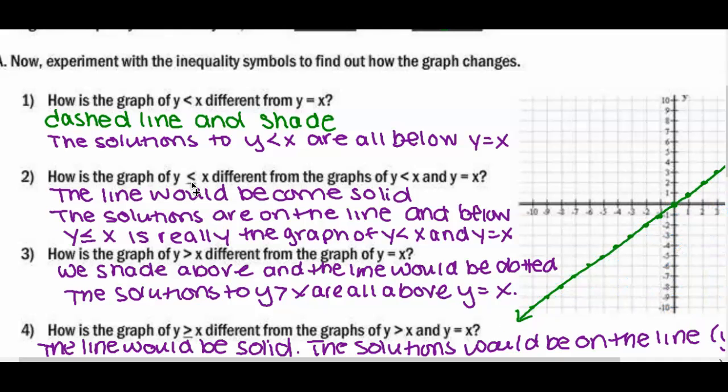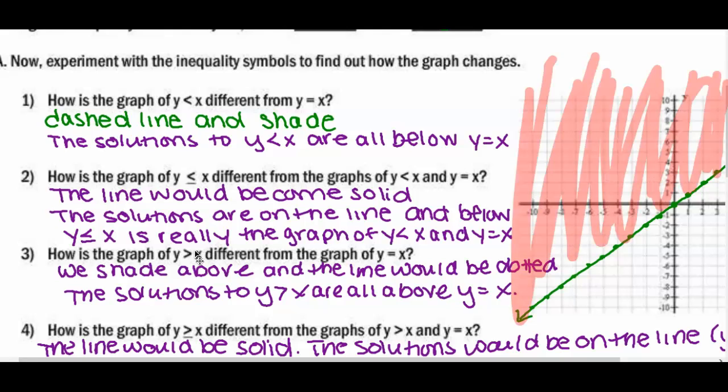If you flipped it, like number 3, y is greater than x, now my shading, instead of being below the line, would be above the line. So that's like what's in red. So how do those solutions change to what was in blue?